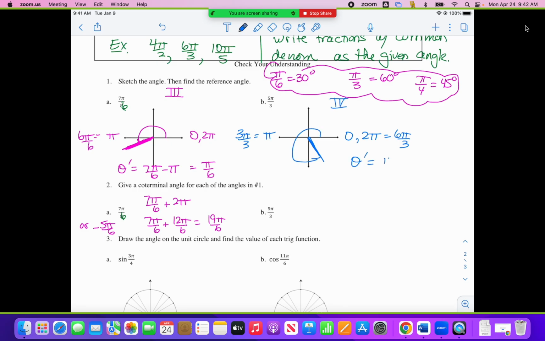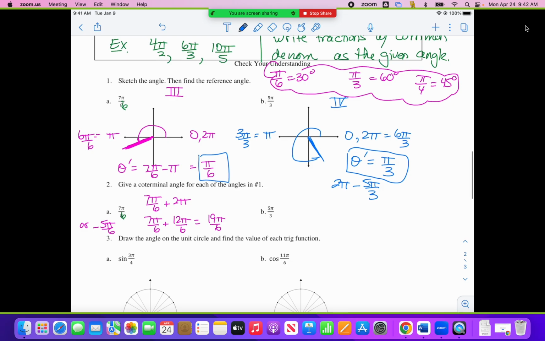And then my reference angle would be 2 pi minus 5 pi over 3. Does that make sense, how you figure it out? Then for a coterminal angle, you're just going to take 5 pi over 3 plus 2 pi.